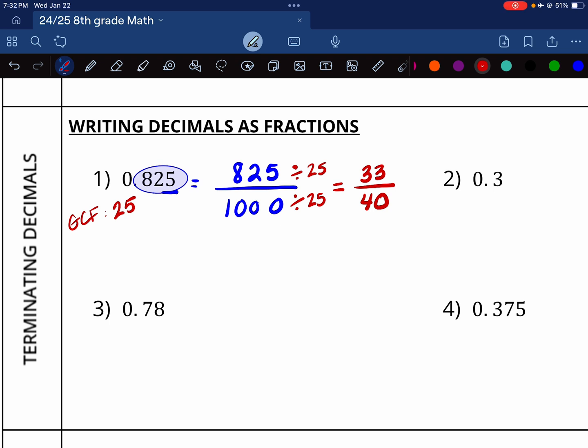Because I have an odd number and a 0, I cannot simplify this anymore, so we're done.